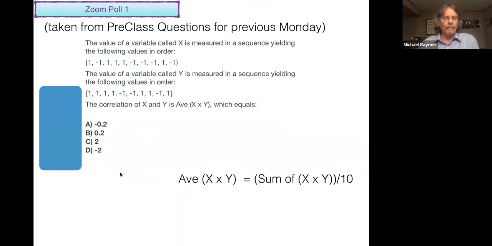You might have to write this out on paper to get the answer. So remember how you do this: you multiply this number times this number, and then you add that to the product of this number times this number, and then you keep doing that, and then you divide by 10 at the end.